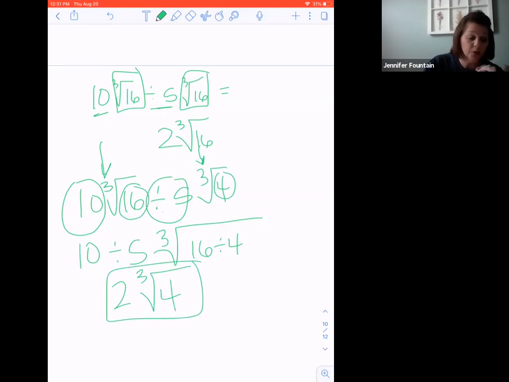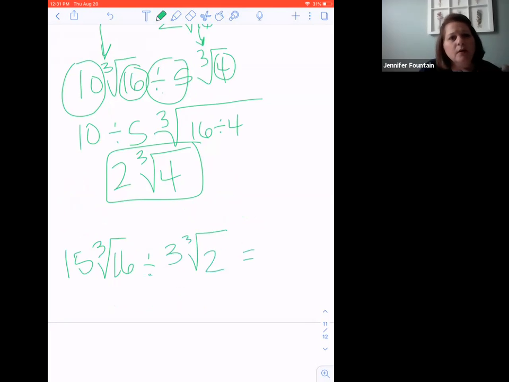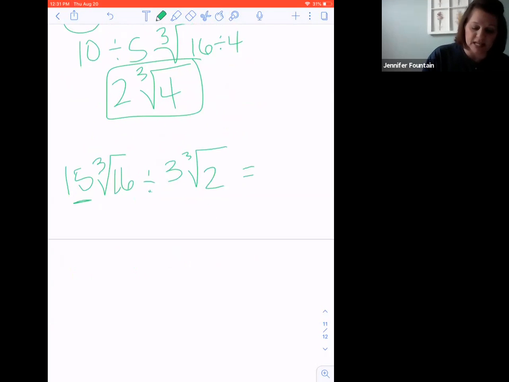So in the one in the book, we have 15 times the cubed root of 16 divided by 3 times the cubed root of 2. Is that the one you're talking about? Okay, so now what I'm going to do is I'm going to have 15 divided by 3.